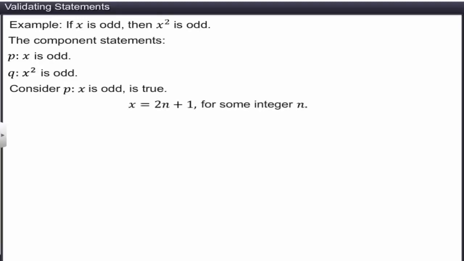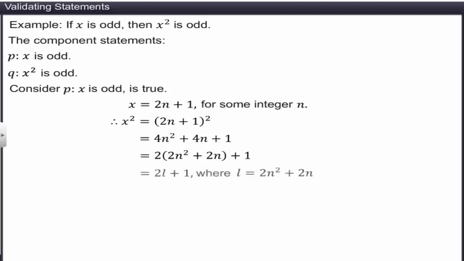Therefore, x squared is equal to (2n plus 1) whole squared. On simplification, we get 2 multiplied by (2n squared plus 2n) plus 1. This is also an odd number. This shows that x squared is also odd. Hence, the given statement is proved.